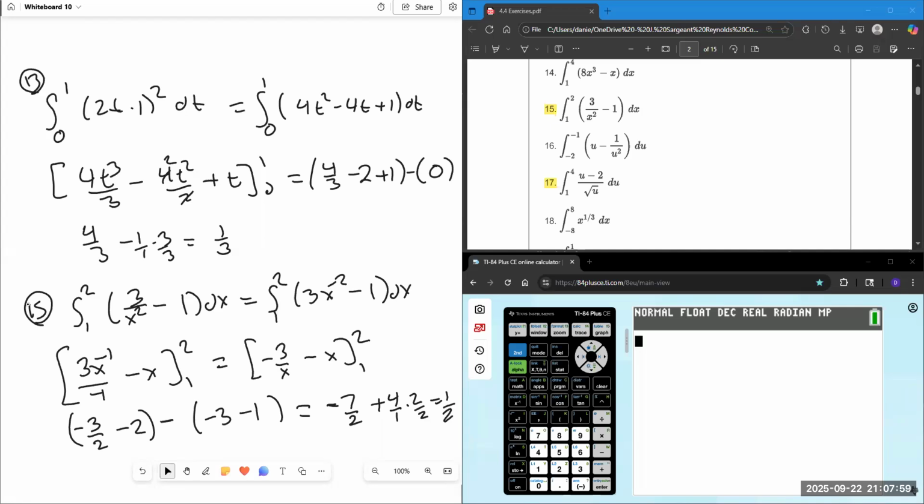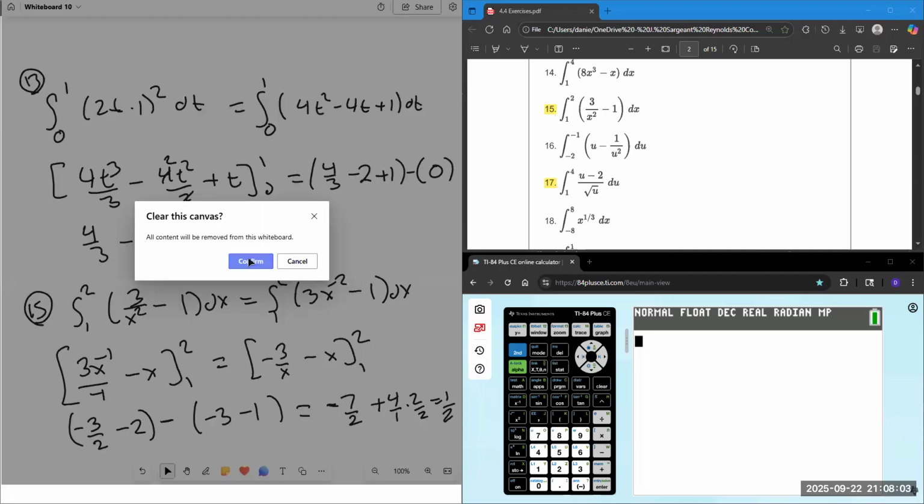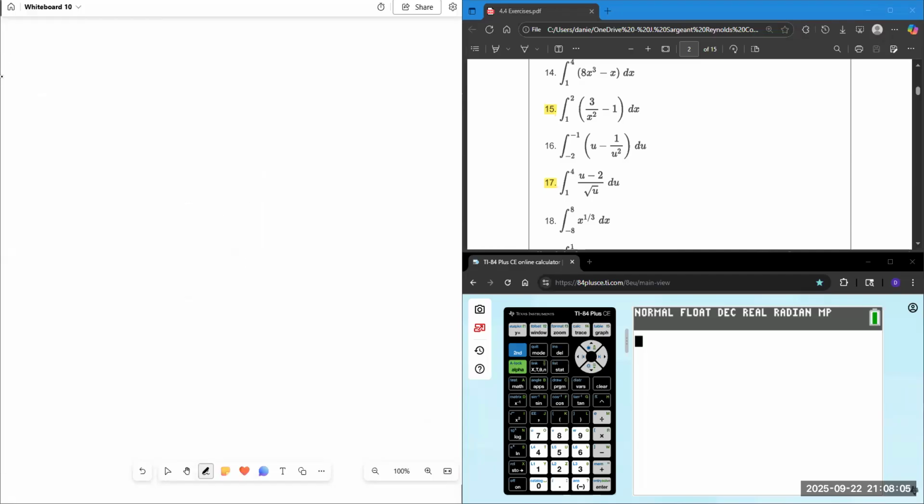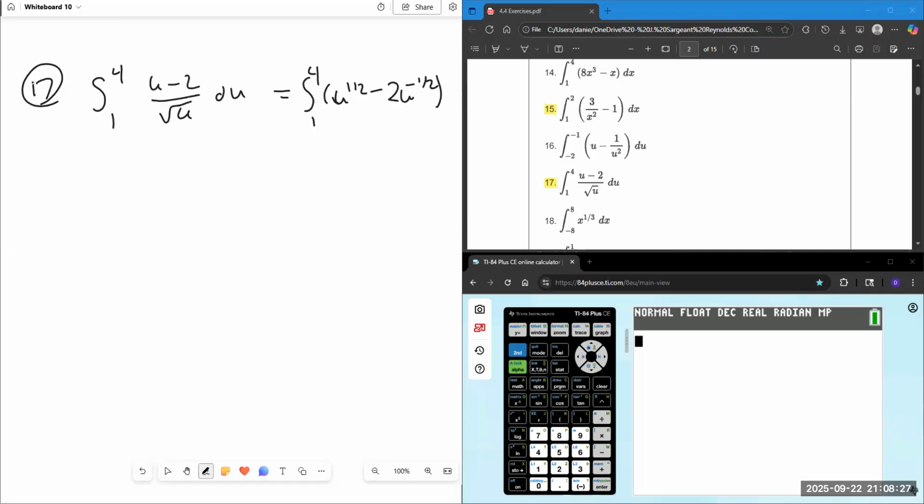Number 17 says the integral from 1 to 4 of u minus 2 over square root of u du, which is the integral from 1 to 4 of u to the 1/2 minus 2u to the -1/2 du.